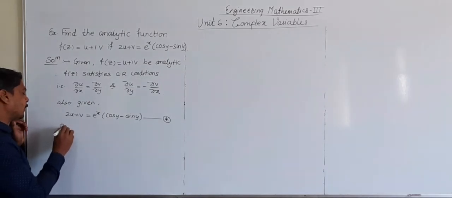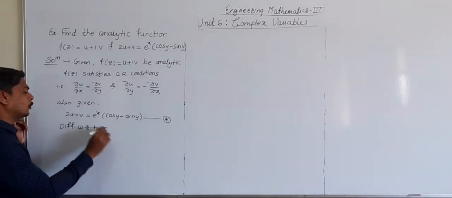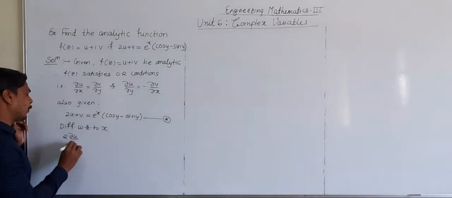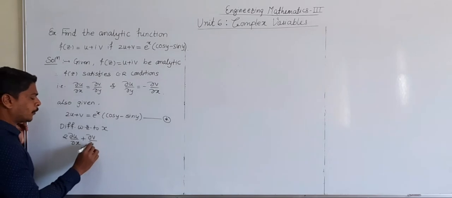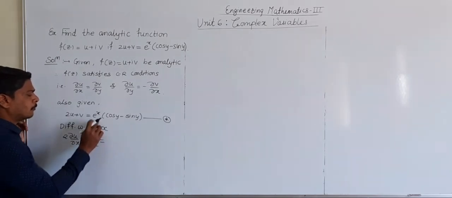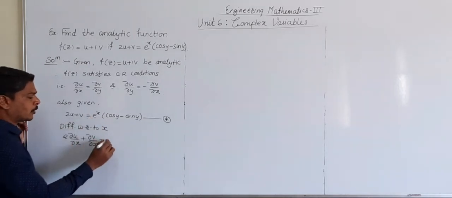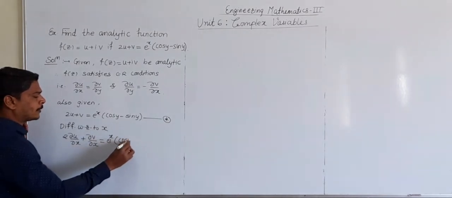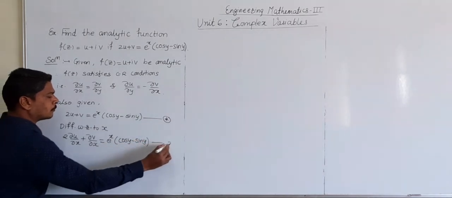Here the derivative of 2u is 2 ∂u/∂x, plus ∂v/∂x, is equal to: the function of y is constant and is multiplied with the function of x, e^x. The derivative of e^x is e^x, and the constant is multiplied as it is. So this is our equation number 1.